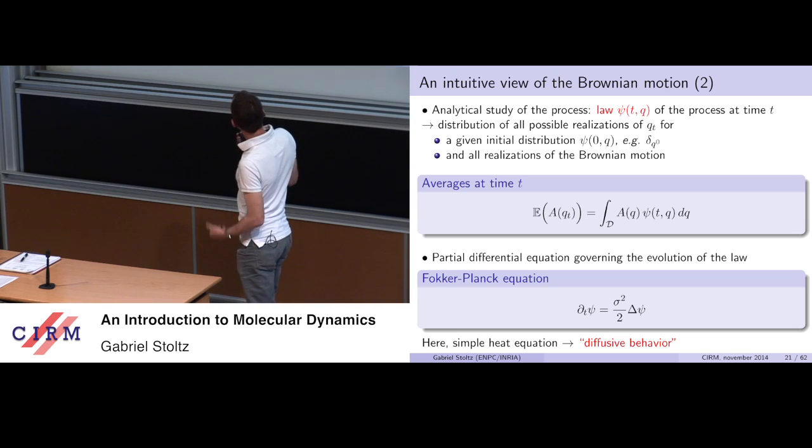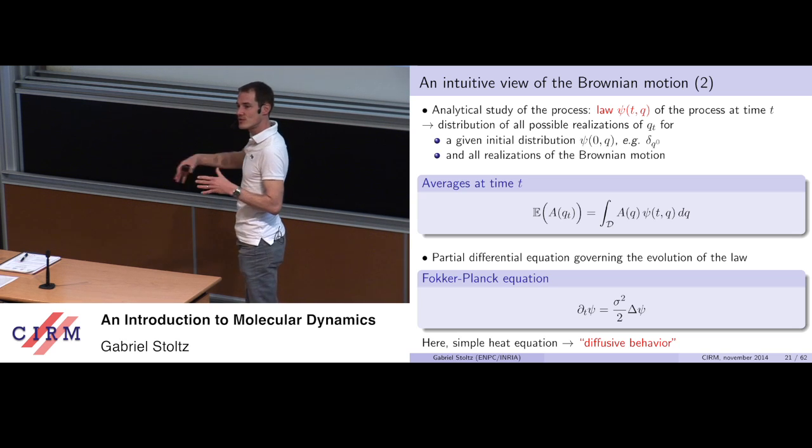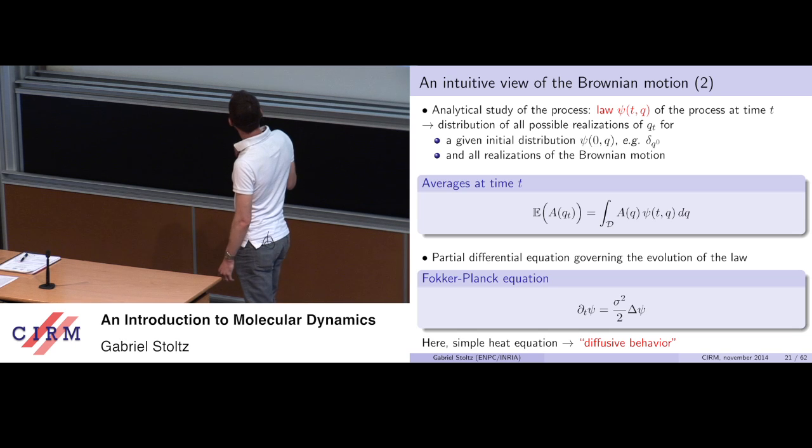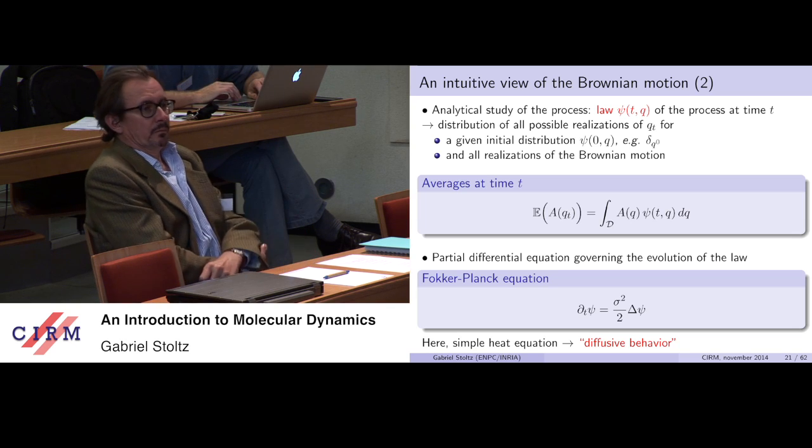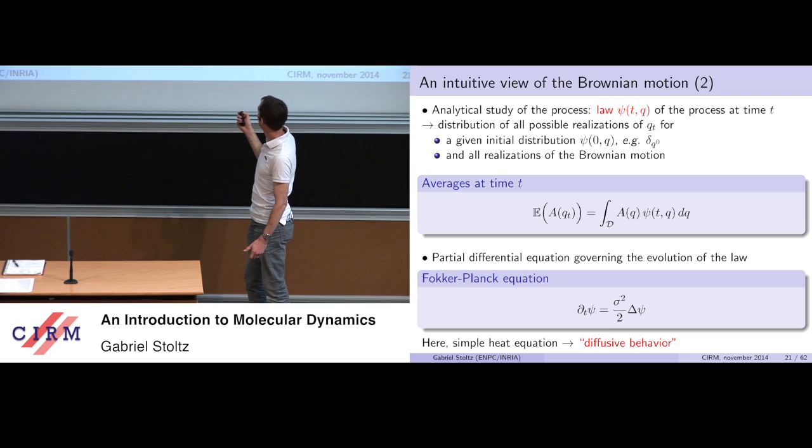And so in this very simple example of Brownian motion, we would like to make contact between this distribution of positions and some heat equation. The way you do that is through this formula here: the average of some property at time t can be seen as the average of this observable A of q against the probability distribution of positions at time t.